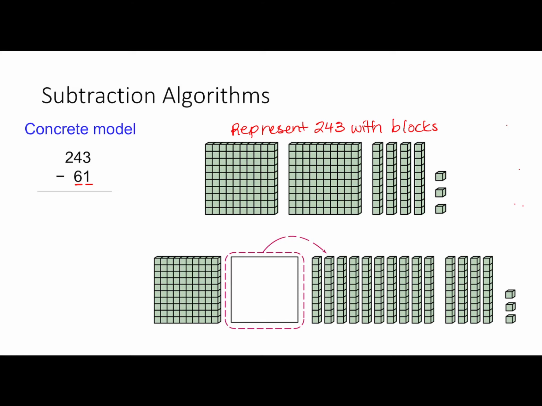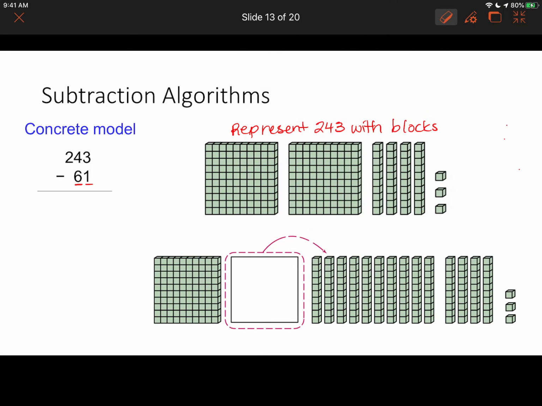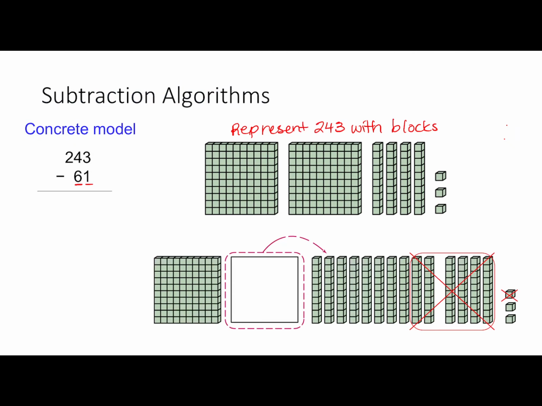Now when we take away, see if we can get it to turn the page. My goodness. There we go. I'm going to cross out 6 longs, 6 tens, and 1 unit. And then I'm going to count what's left.